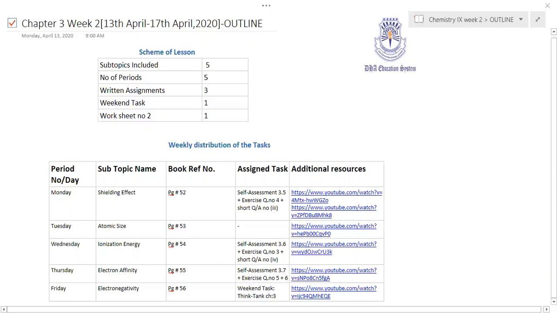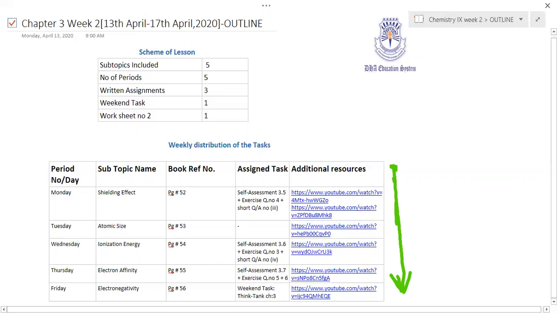I have distributed the tasks for you to follow on a daily basis, and associated assigned tasks have also been listed over here. You may find a separate file for additional resources, so that you can open them for the respective subtopic and extend your knowledge accordingly. Assigned tasks are there for your practice.